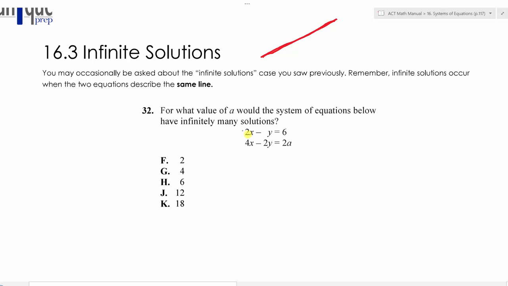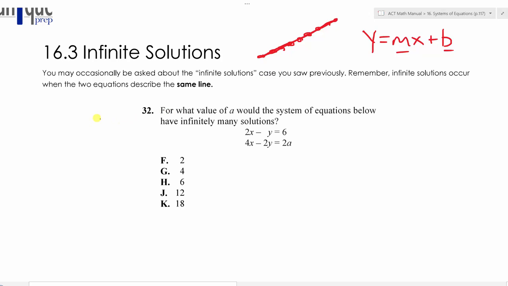So if you ever see two linear equations and you notice that they have the same y equals mx plus b form, in other words, same slope, same y-intercept, you know you're dealing with the same line, and therefore you have infinite solutions because every single x and y value on those two lines will satisfy both of the equations since they're the same darn equation.